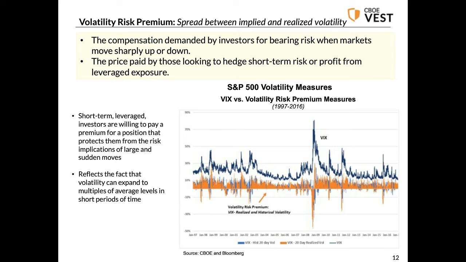And what we observe is that the actual volatility over the prior 20 days tends to be less than what is expected in the VIX. So if you see those orange bars there, that's the difference between the VIX and actual market volatility. This is what we call the volatility risk premium. So this means there's a tendency for options to overprice volatility compared to what we observe in the market.